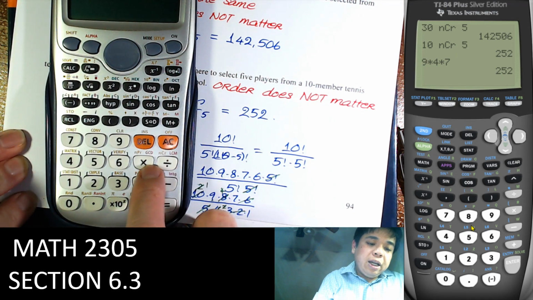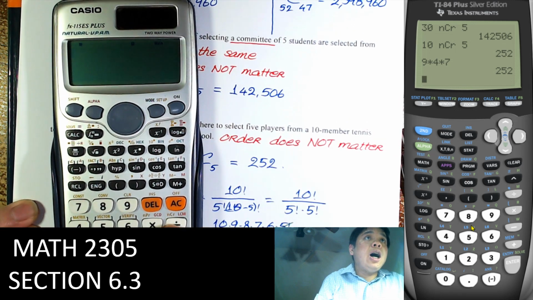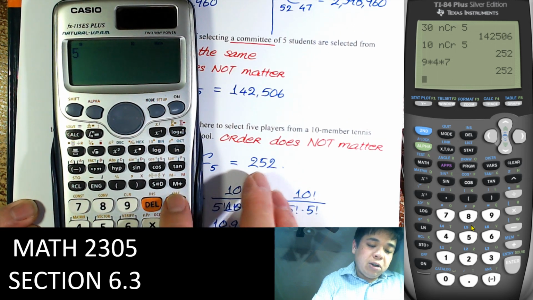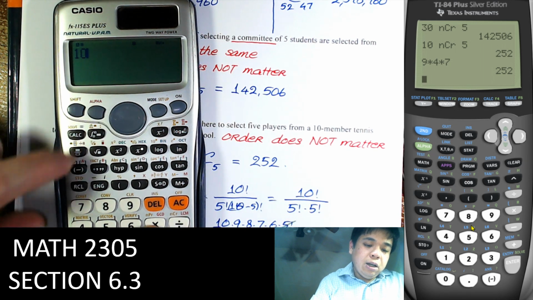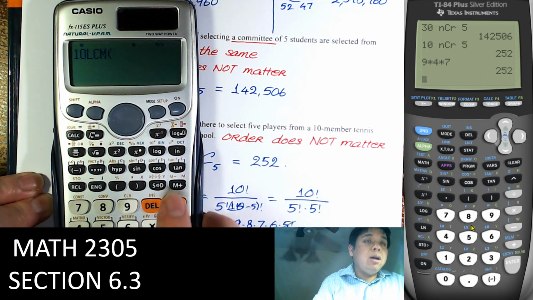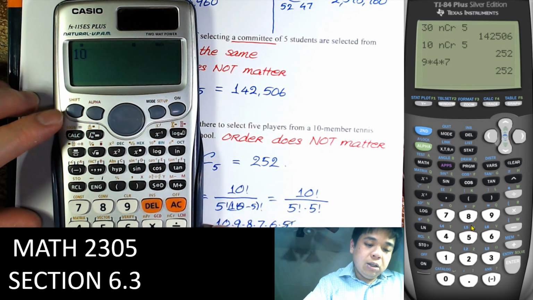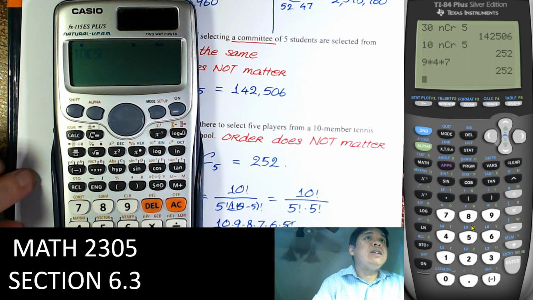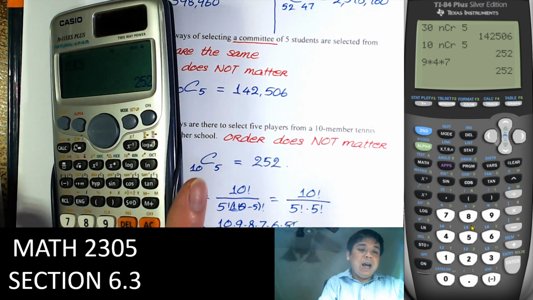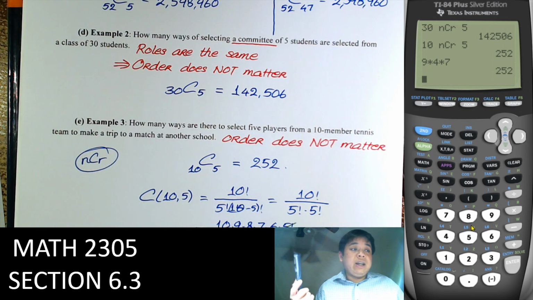The nCr button is here. So you can say 10. Select 5 out of 10. Yeah, look for that nCr button. Any scientific calculator should have that option.